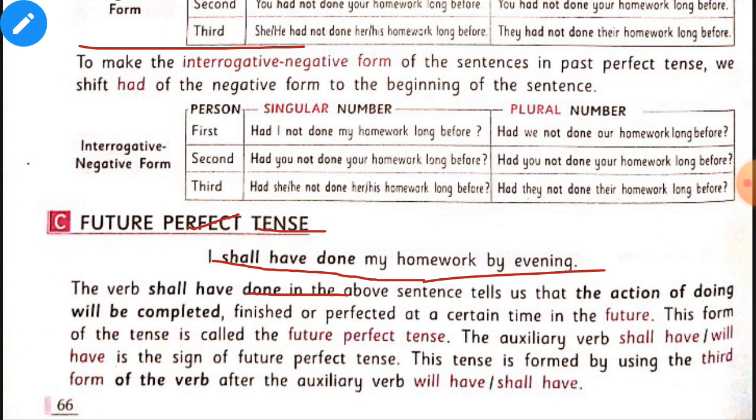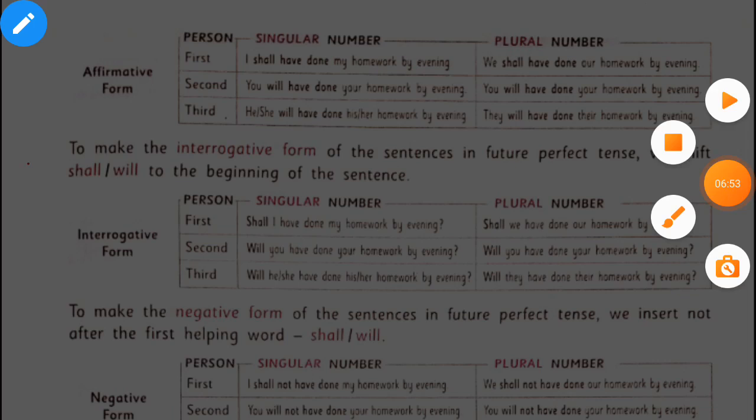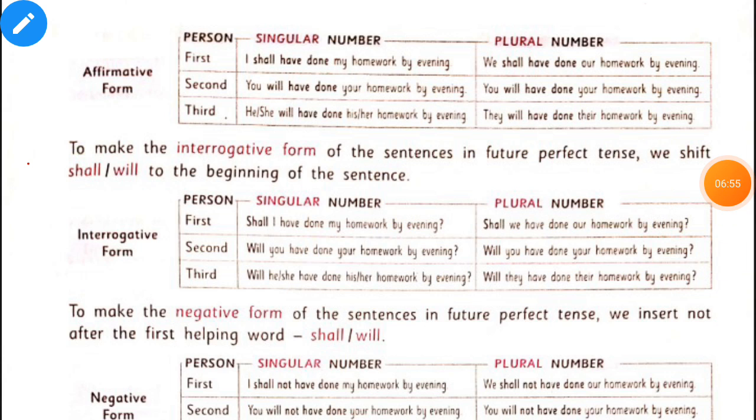This tense is formed by using the third form of the verb after the auxiliary verb will have or shall have. Okay children, it's very important to understand the formation of future perfect tense. This is the affirmative formation. First person: I shall have done my homework by evening. You will have done your homework by evening, and he or she will have done.